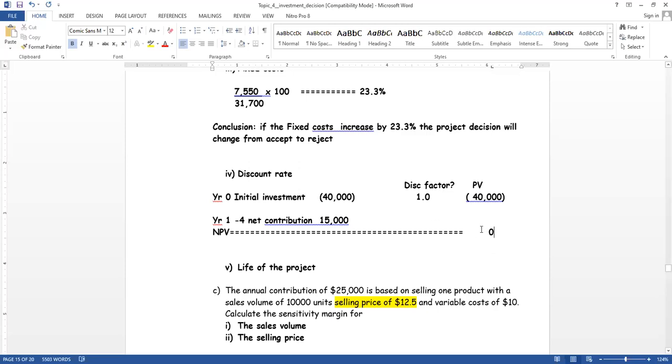That my PV here should be what? 40,000. So that you get your 0 here. So if I get 40,000 divided by 15, I should be able to get the discount factor here. 40 divided by 15. What do you get?